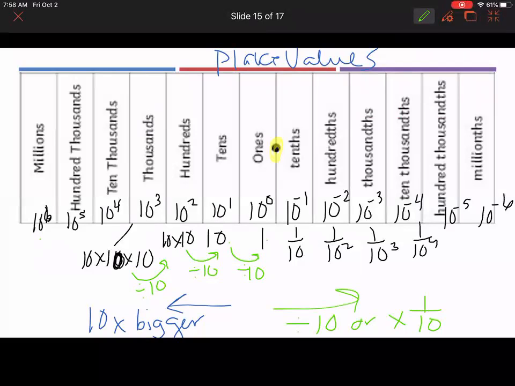And then again, 1 divided by 10 is our 1/10. Keep dividing by 10, and that's where you see these tens now in the denominator instead of in the numerator as they were to the left of the decimal point. And that's, again, how this connects to the positive exponents and then the negative exponents.